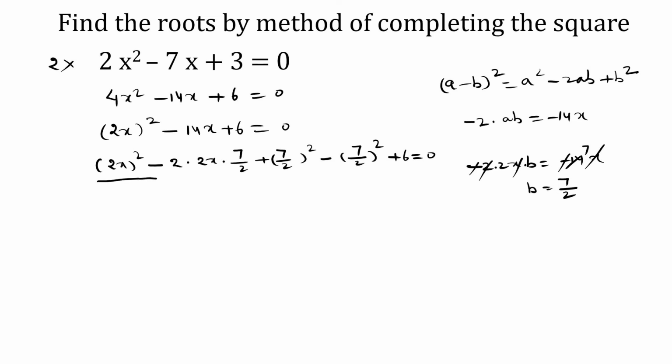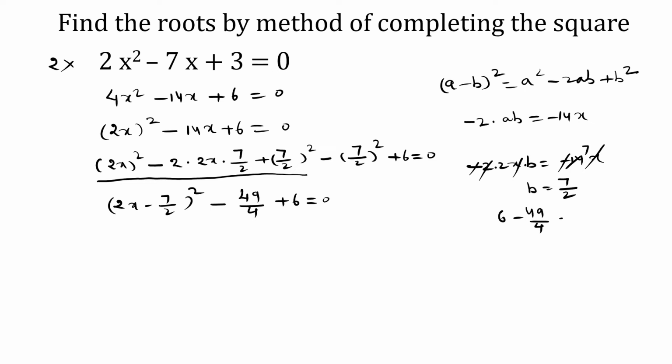Now the first three terms convert into a whole square by a minus b whole square, where a is twice x and b is 7 by 2, minus 49 by 4 plus 6 is equal to 0. Now 6 minus 49 by 4 is equal to 6 4s are 24 minus 49 by 4 is equal to minus 25 by 4.